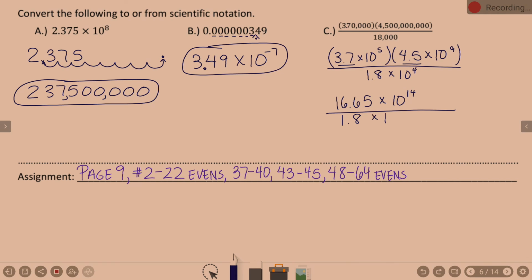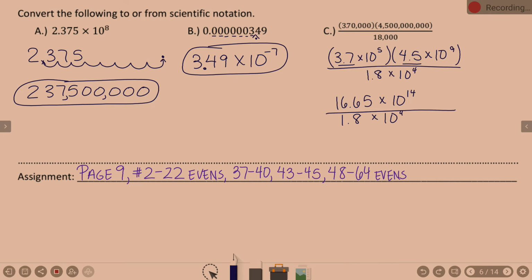Now, I'm going to point it out, that numerator, technically, that's not technical scientific notation, is it? Because 16.65 is bigger than 10. But here's the deal. Am I done yet? No. I'll worry about it at the end if it's not scientific notation. Now what do I do? Divide 16.65 by 1.8 and then subtract the 14 by 4.